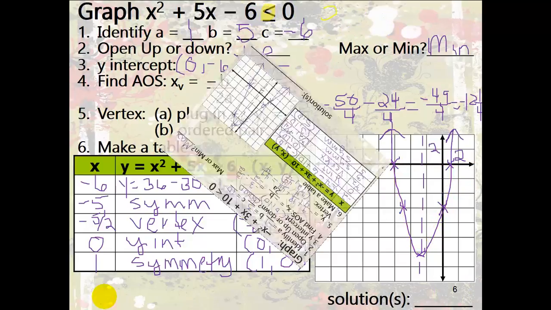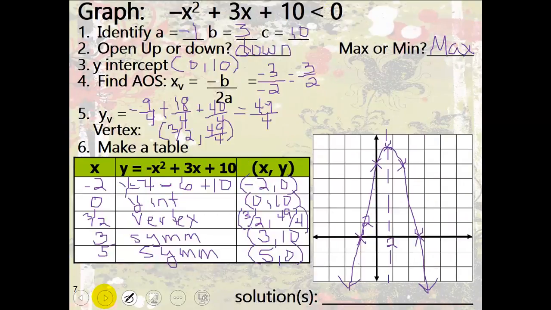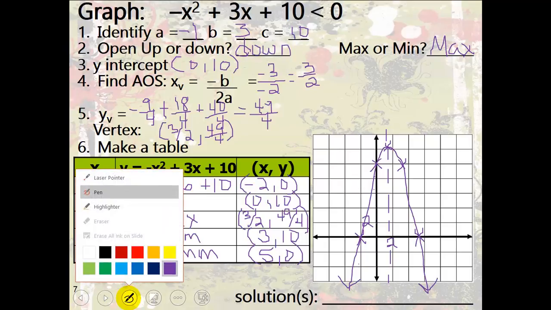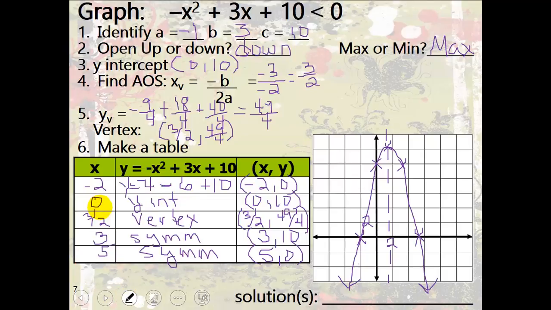This last one, I've done all of the key components, I've graphed it, and now we have to figure out the solutions. We're interested in where it crosses the x-axis, and we are looking for points that are below the x-axis.